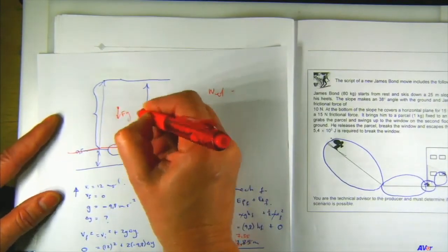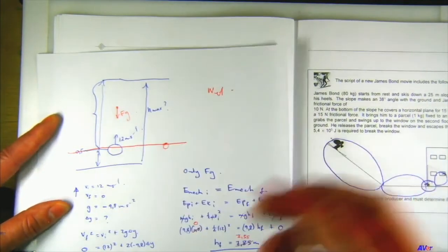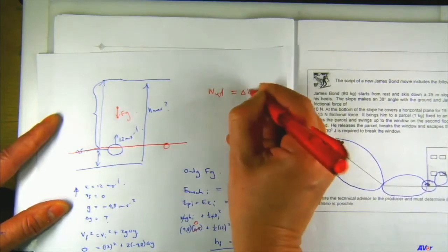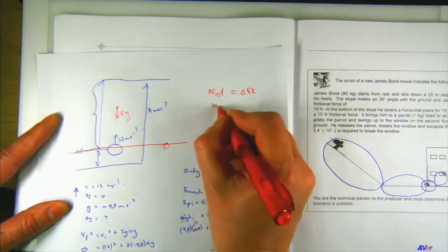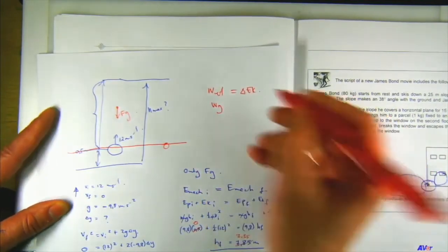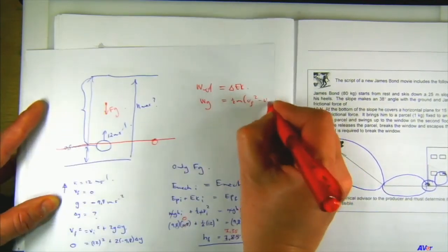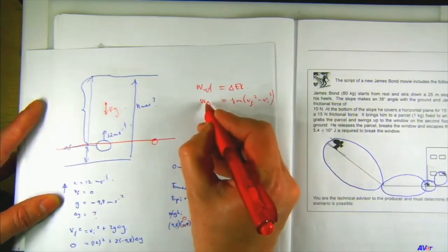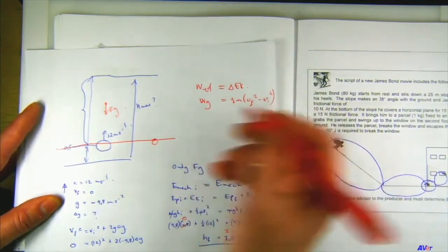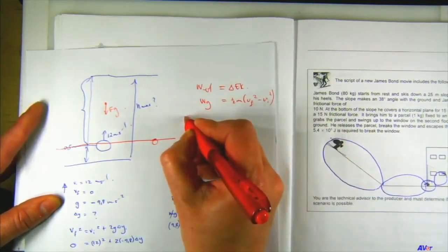Only gravity, right? So the net work is equal to the change in kinetic energy, but the net work is only the work done by gravity, which is half m (v final squared minus v initial squared). The work done by gravity is the whole gravitational force. Do I have the mass?